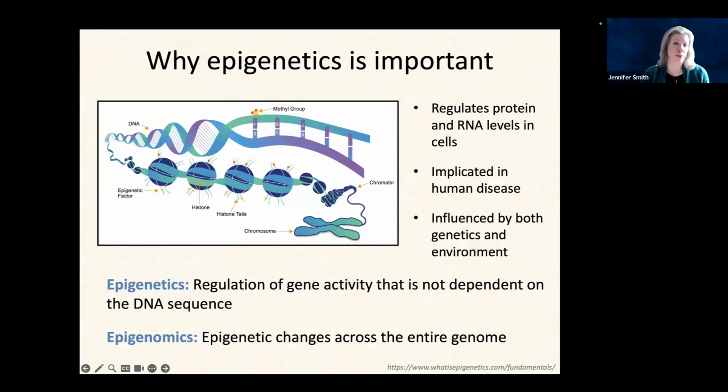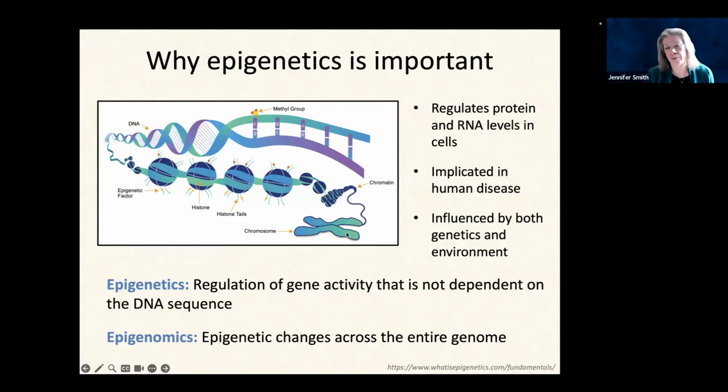So genetics can influence the epigenome, but the epigenome is also really influenced by environmental factors. So things like toxicants, like air pollution, things like smoking, health behaviors, things like stress, social factors, socioeconomic status. All of this stuff can influence your epigenome too.